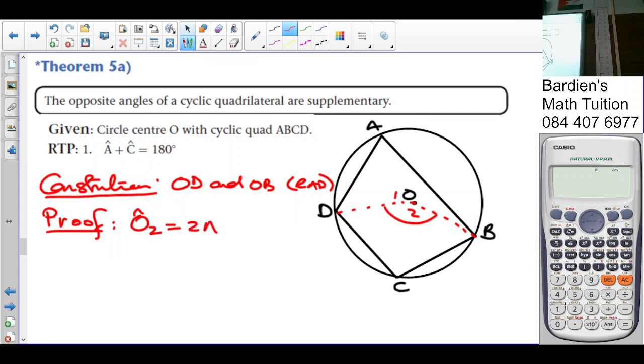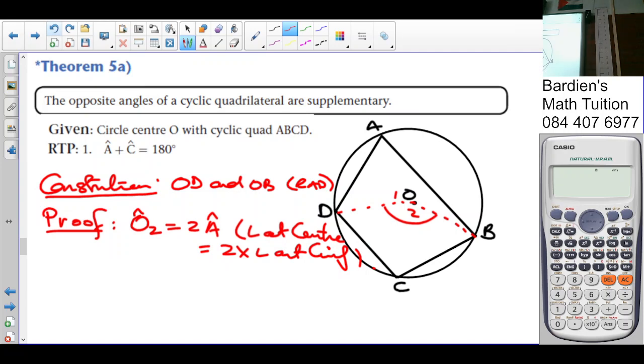Twice angle A. Why? Angle at center is equal to 2 times angle at circumference. Okay. Angle at center is twice angle at circumference.